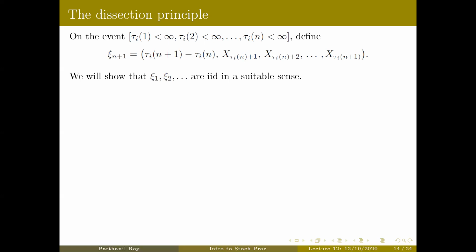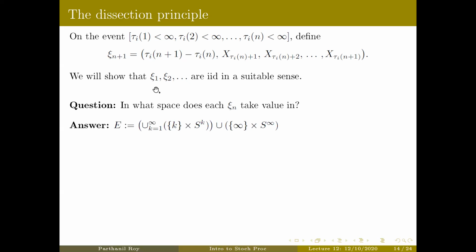But before we can even think of stating what it means, you have to first understand what space this sequence takes values in. In other words, what would be the space in which this will be IID? Okay? And the answer is very simple. This is the space. So remember, I have talked about this already.